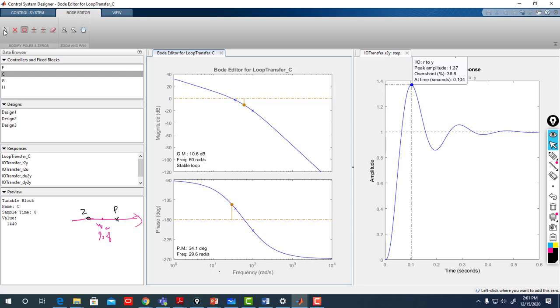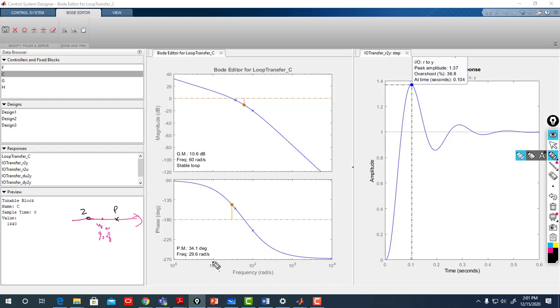Let's find the 20.8 first. That's 10, 20, 30. So 20.8, like 21. Okay, so somewhere here.